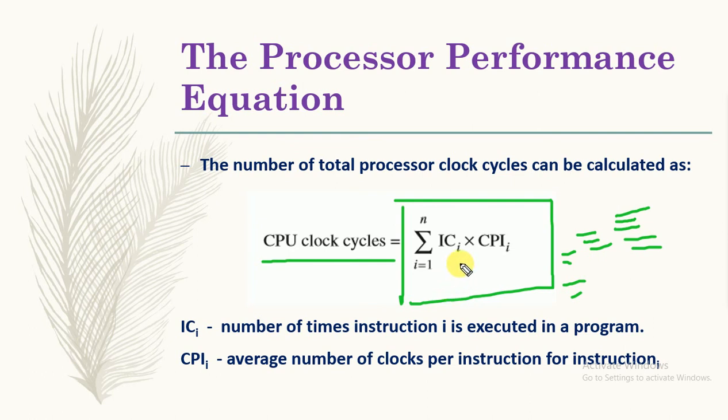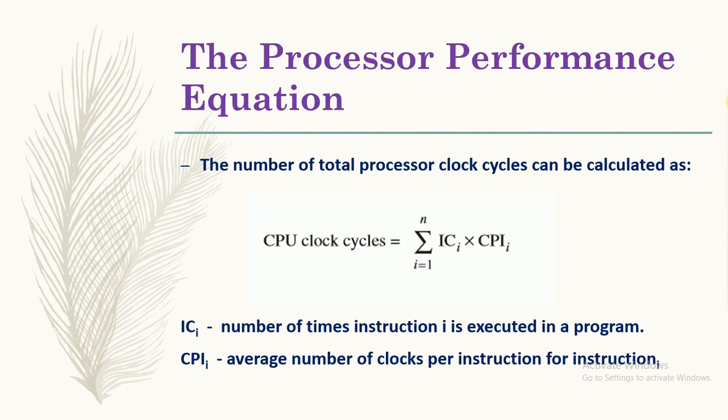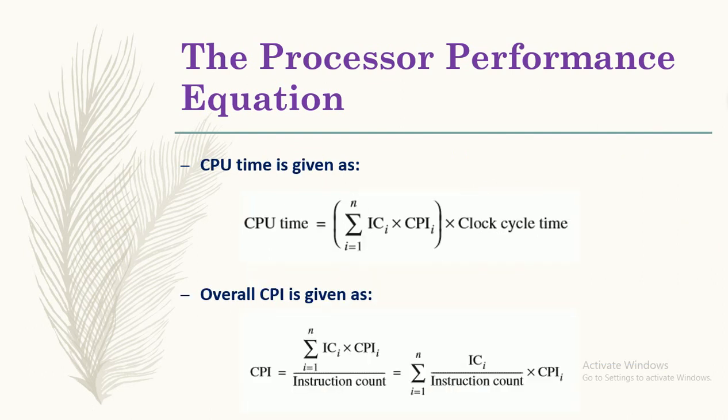For each instruction this entire summation will be evaluated. This is the way in which we find the total CPU clock cycles required for a program for the processor. Now CPU time can be evaluated as the total CPU clock cycles into clock cycle time.